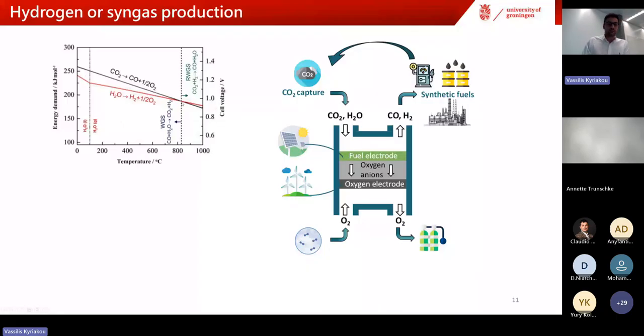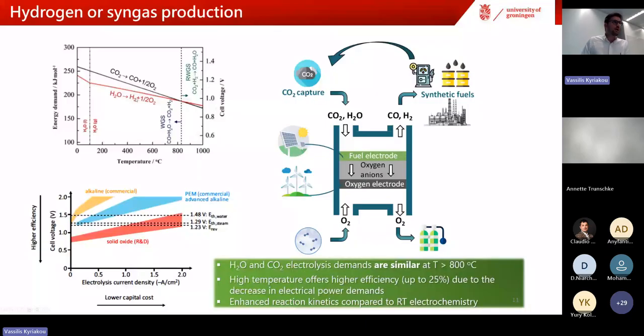The other interesting thing here is that the demands for both splitting reactions are similar, which offers a system where by applying the same potential, you can co-electrolyze both CO2 and water. This is not the case for low temperature systems, for instance.